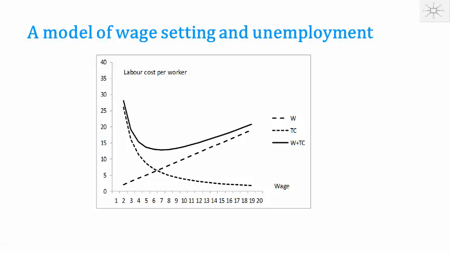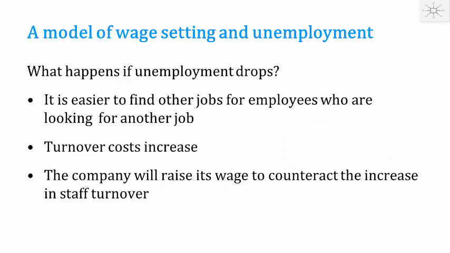And the wage that minimizes the total labor cost goes up. So the firm will raise its wage to counteract this increase in staff turnover. So when there's a lot of competition for workers and low unemployment, that will create an upward pressure on the wages. This is all very intuitive.